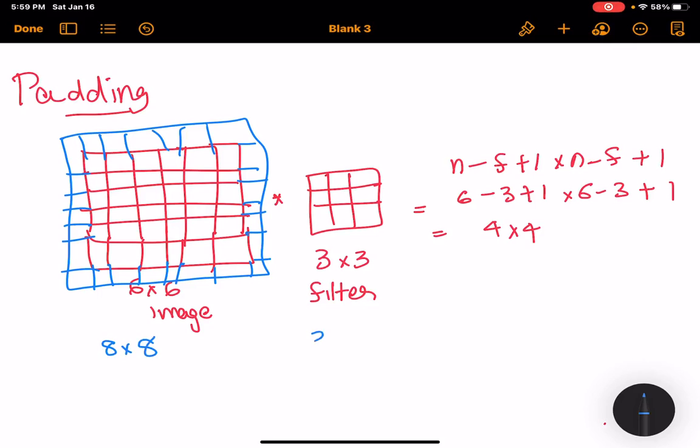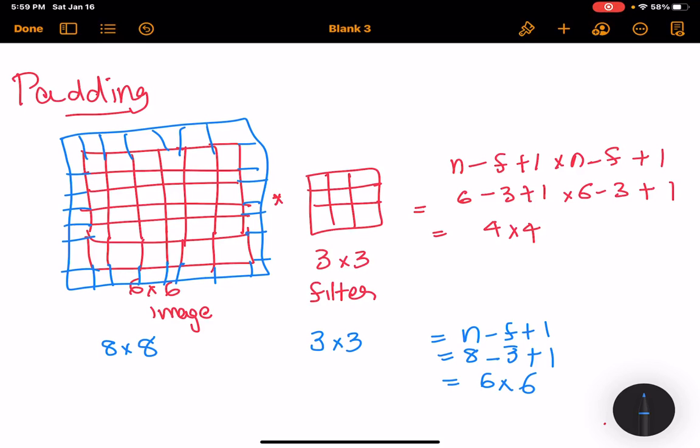Now when I apply a 3 cross 3 filter to that, my resultant image would be n minus f plus 1, which is equal to 8 minus 3 plus 1, which is equal to 6 cross 6. So here clearly we can see that the rate at which my image shrinks is now less, right?